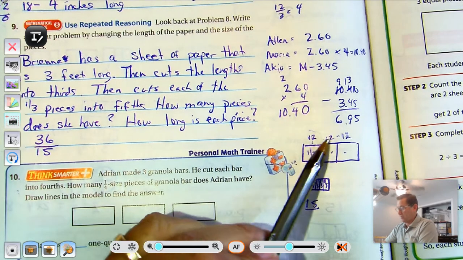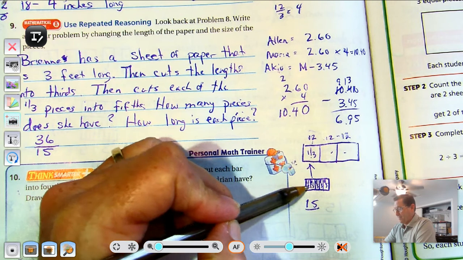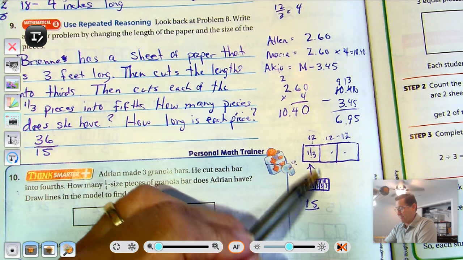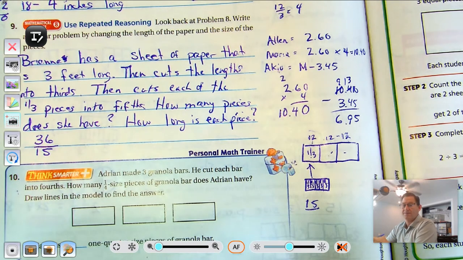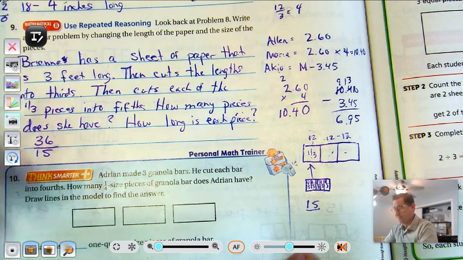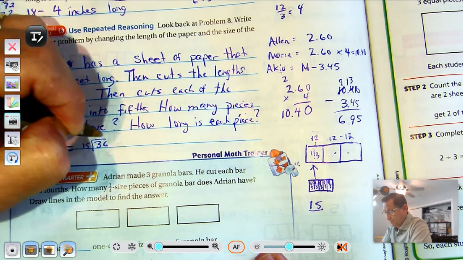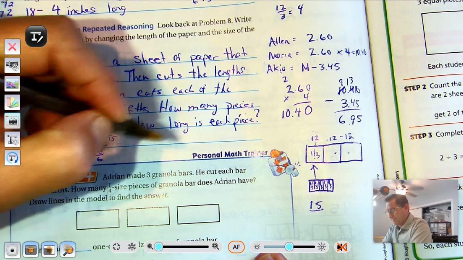Okay, 12, 24, 36. And we're going to divide that by 15 pieces because there's 5/5 in every one of these 1/3 pieces. If we take a third and break it into 5 pieces, there would be 15 total pieces. So 36 divided by 15. That's going to be 2 and 6/15.